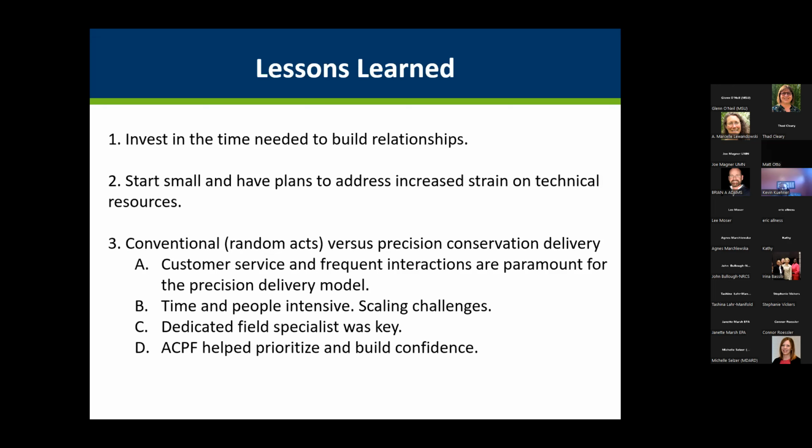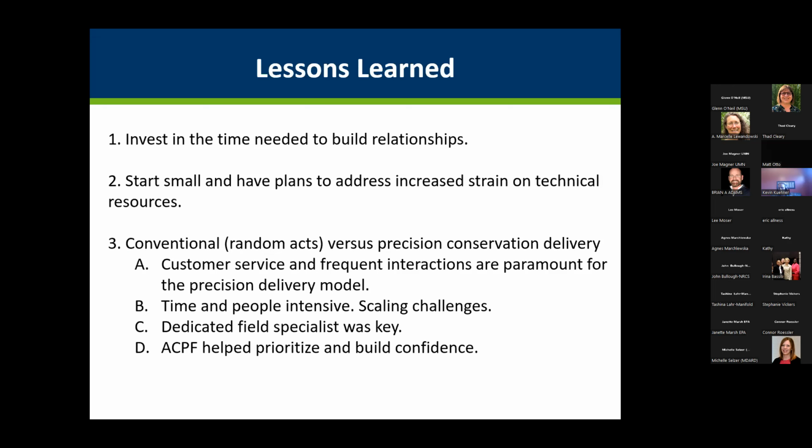We have the conventional approach, which is these random acts of conservation: a farmer or landowner comes into their local office and says, hey, I have this resource need, let's get it fixed. Versus this other approach where you're flipping it around and having staff go out and actively selling these practices and having these conversations with producers. And I think you definitely need both of those.